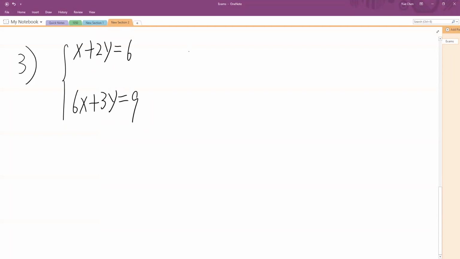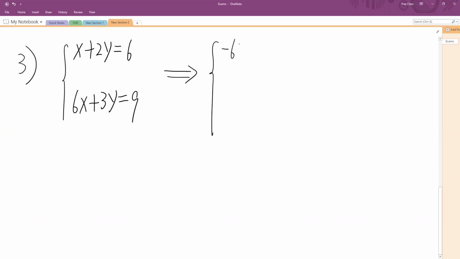Okay, we don't want to use subtraction. We just use the addition to eliminate, right? But if you want to do the subtraction, you can just add a negative number, right? So here we multiply negative 6 on both sides.